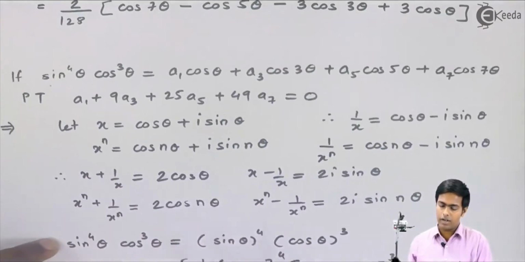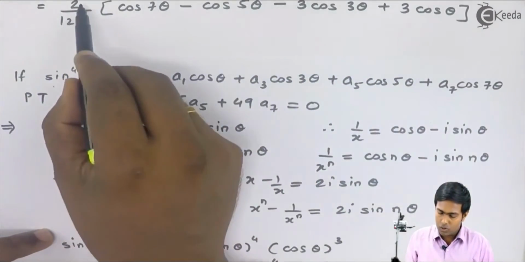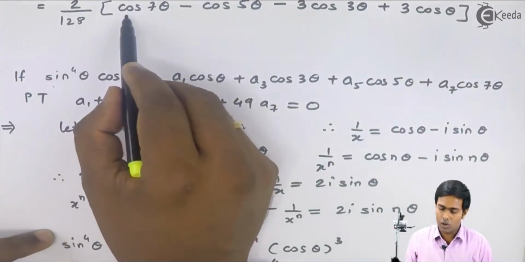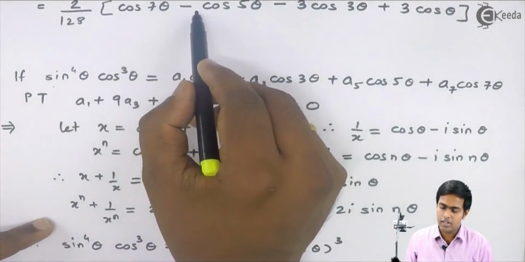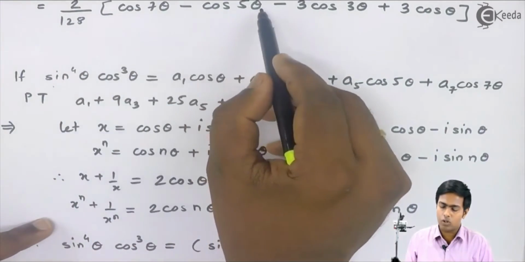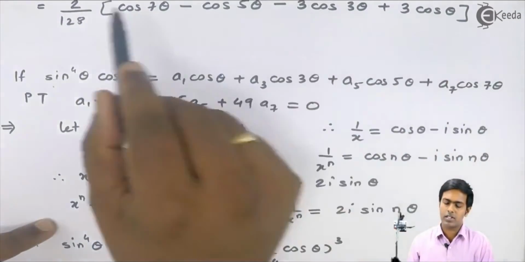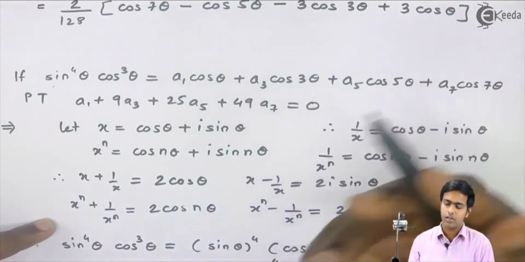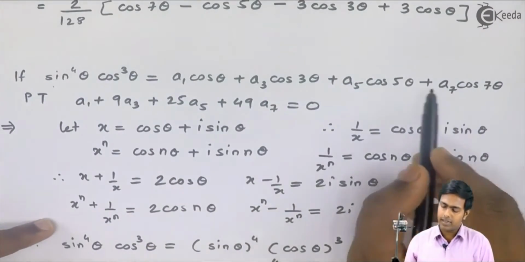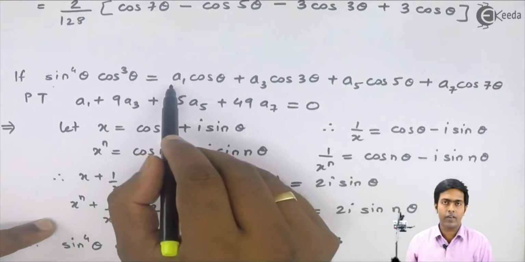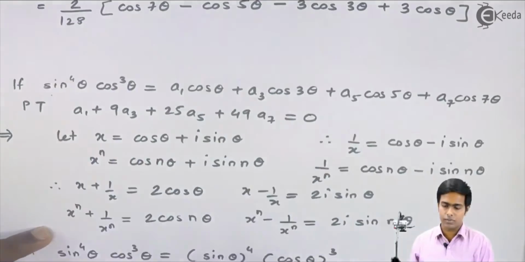So here now our result is 2 upon 128 cos of 7 theta minus 2 upon 128 cos of 5 theta minus 6 upon 128 cos of 3 theta plus 6 upon 128 cos of theta. So we get values of a7, a5, a3 and a1 by comparing with the original terms.